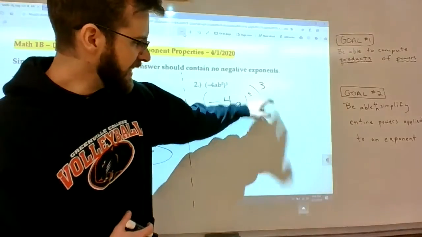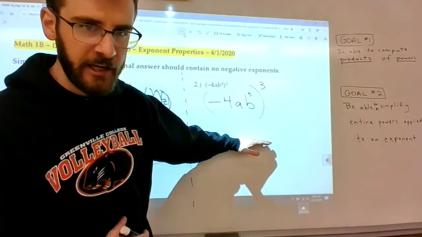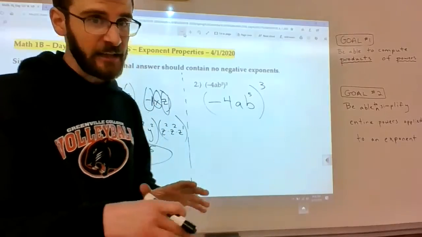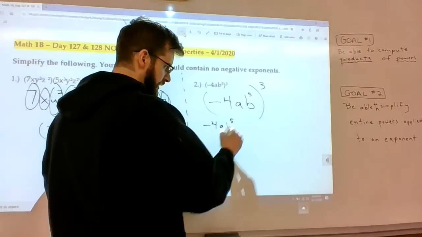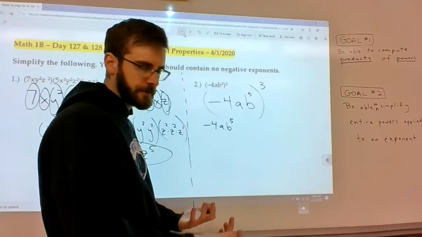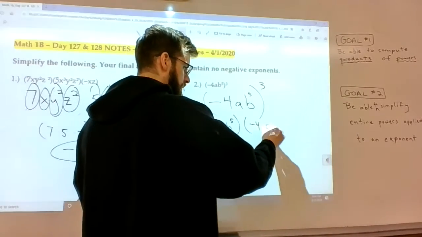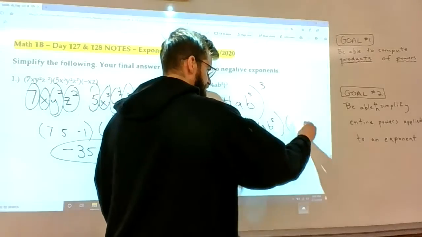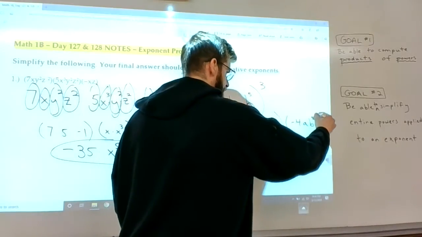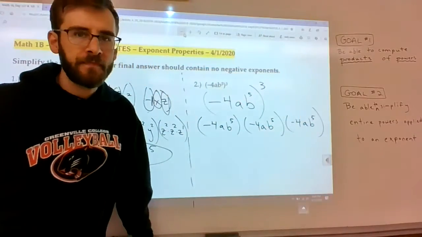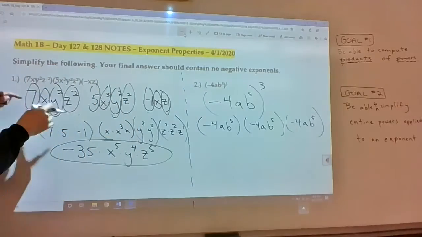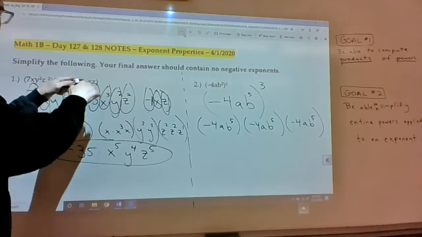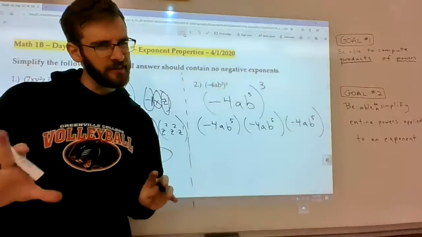Now again, as I expanded x cubed down here to x times x times x, I technically could say that this is just -4 ab to the 5th times itself 3 times: 1, 2, 3. And technically now it looks exactly like our first example with 3 different monomials. We talked about that a while ago.